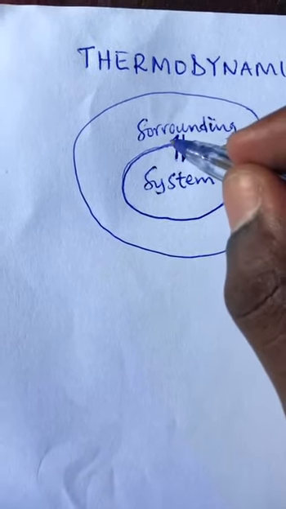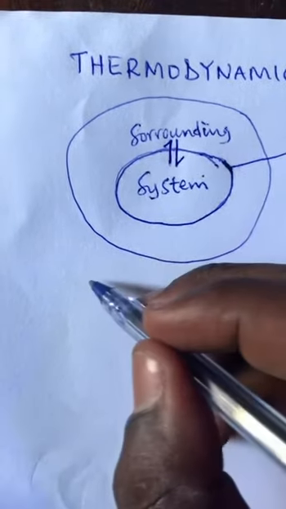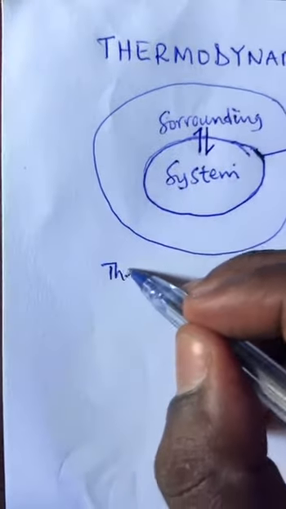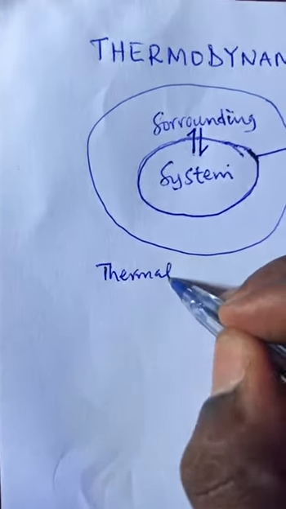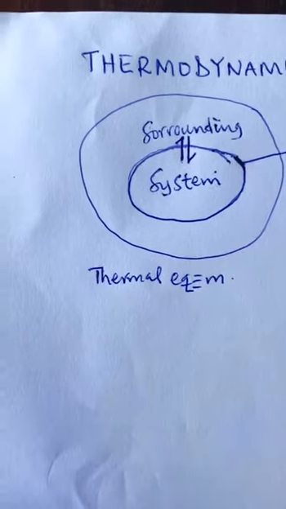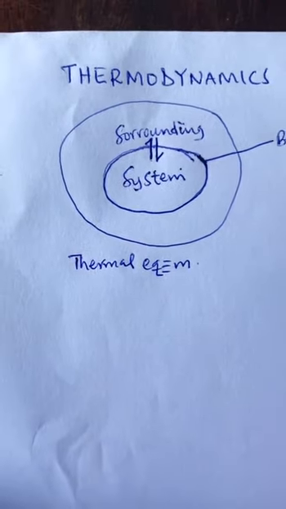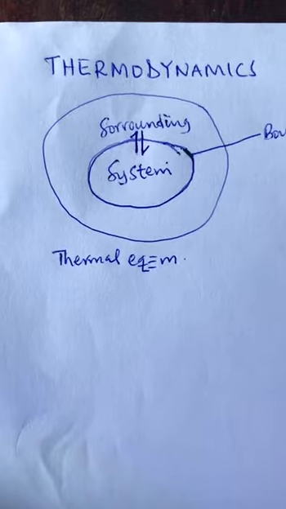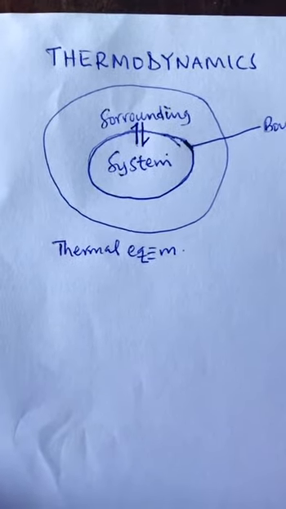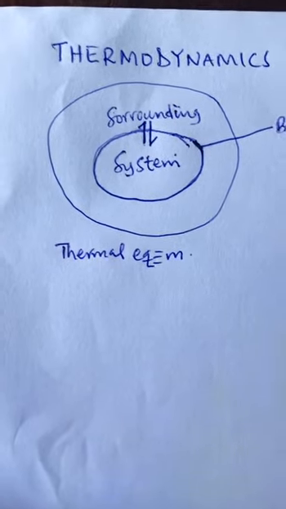To the system. Then we say that the system has reached thermal equilibrium. So thermal equilibrium is attained when the heat transfer to and from the system is the same.